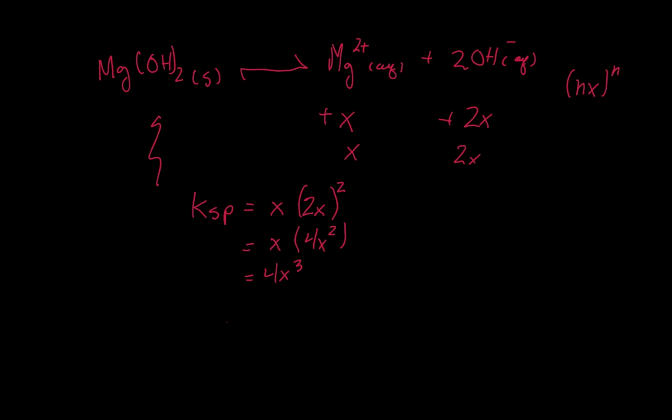We divide both sides by 4 and then take the cube root to isolate X, meaning X is equal to the cube root of KSP over 4. The KSP value was 2.06 times 10 to the negative 13.